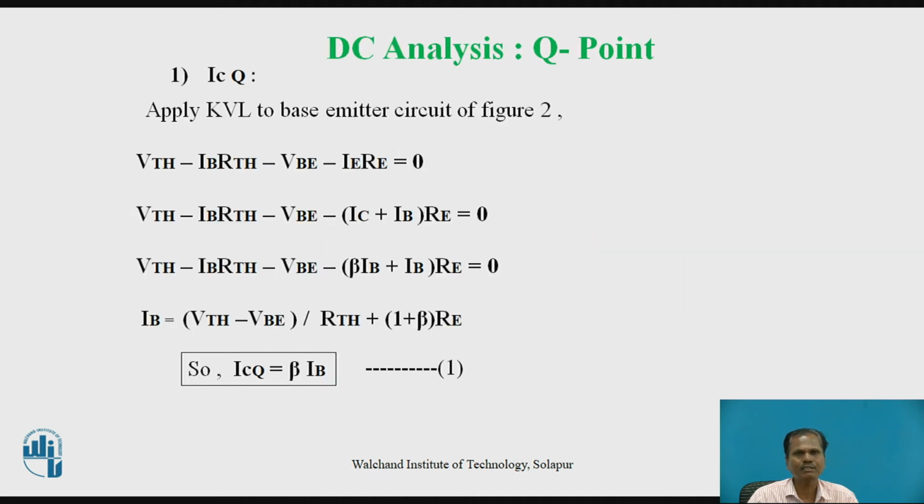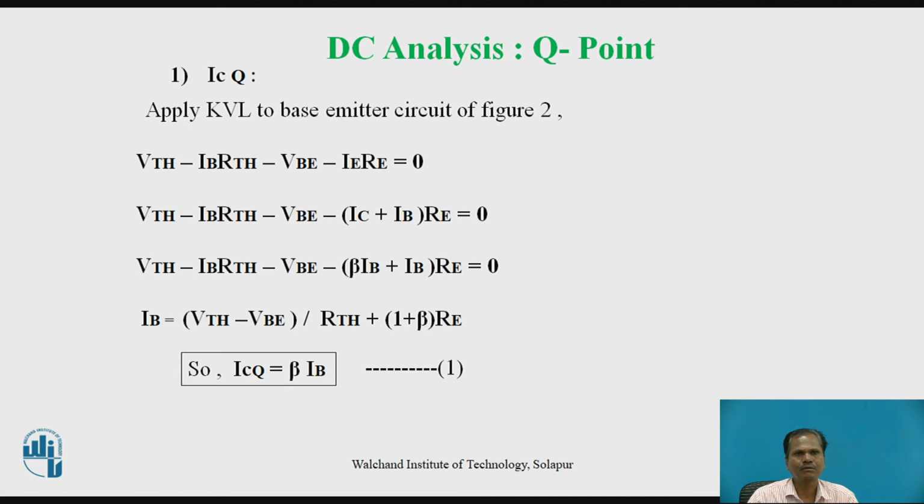Now let us go for the DC analysis of this biasing circuit in the common emitter amplifier to obtain values for DC operating point or quiescent point, Q point, like VCQ and ICQ. Let us go for first ICQ, DC collector current at Q point. So use KVL, Kirchhoff's voltage law, to the base emitter circuit of the second figure.